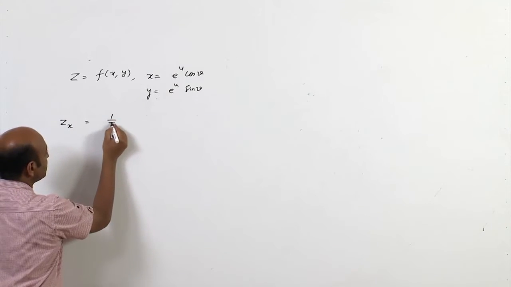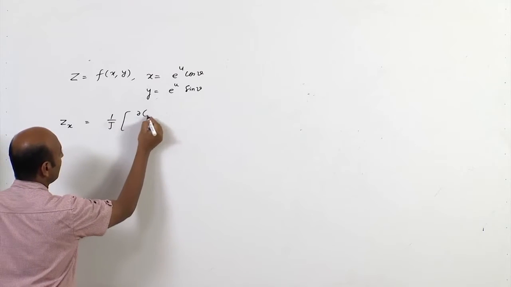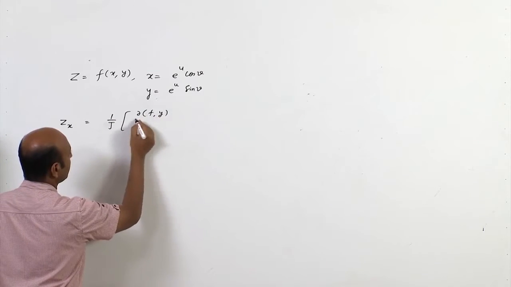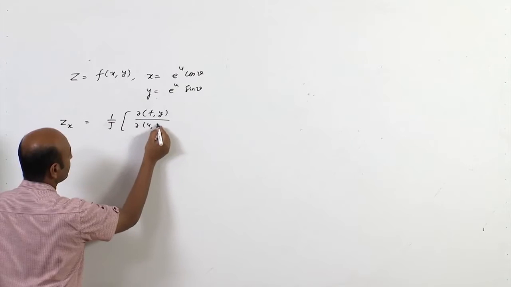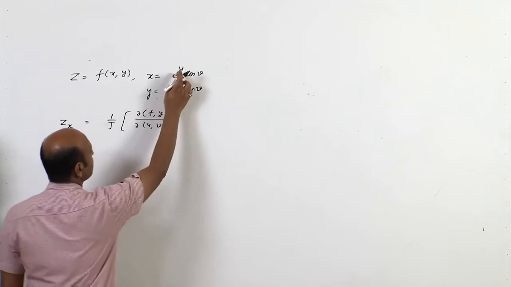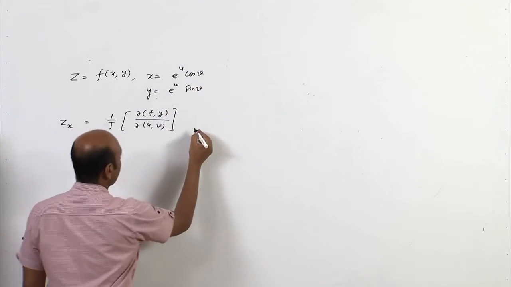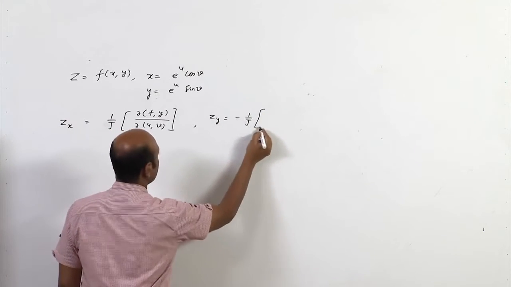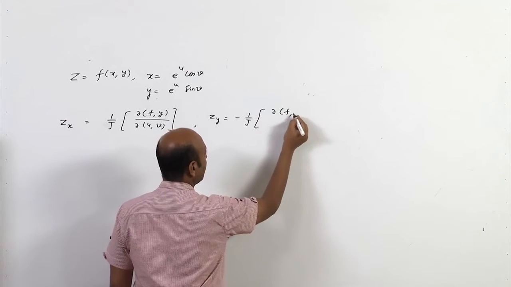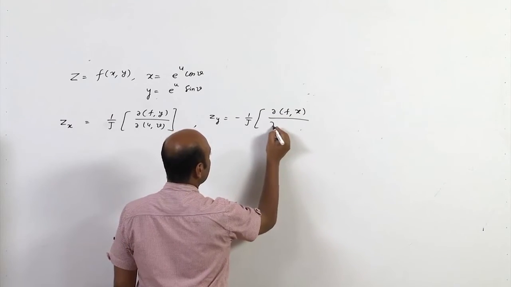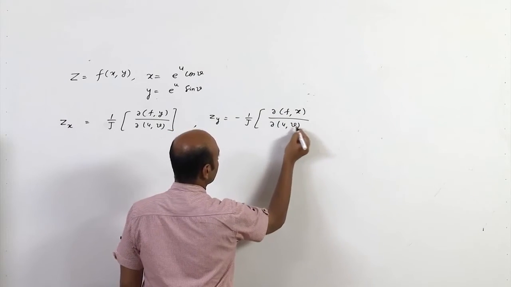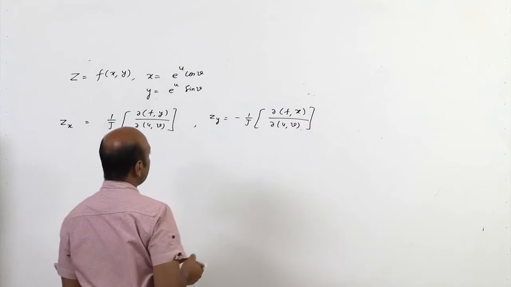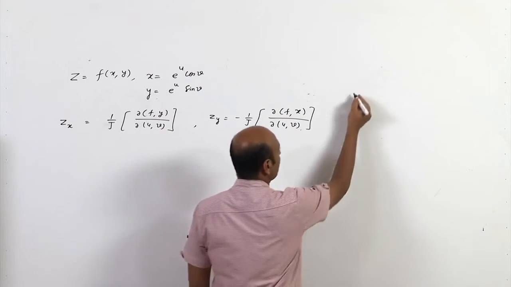So, how to compute this? This is 1 by j times del of f y upon del of u v. Here independent variables are u and v. And what will be zy? Zy will be minus 1 by j times del of f x upon del of u v. So, first we compute j. So, what will be j?